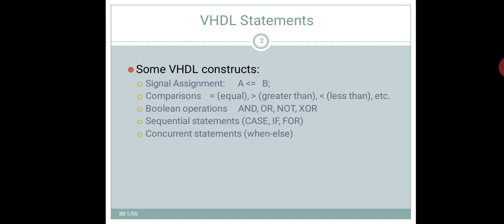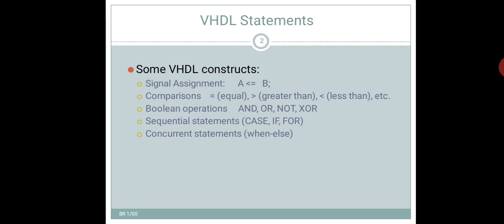Then the next common statements used in VHDL are the relational constructs: equal, less than and greater than. These are the three constructs that can be used.